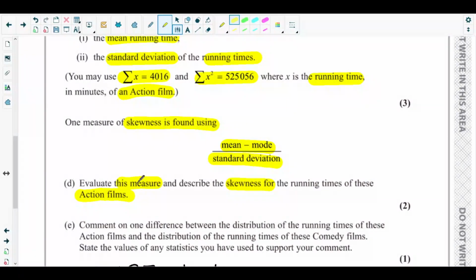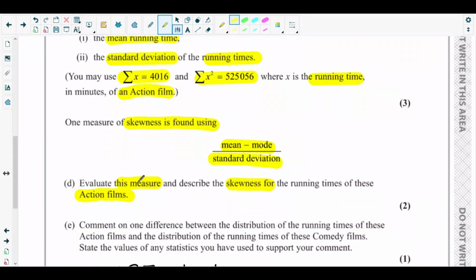So we need to find the measure of skewness for the running times of the action films. What does skewness basically represent? Skewness basically represents the asymmetry of the distribution, right?